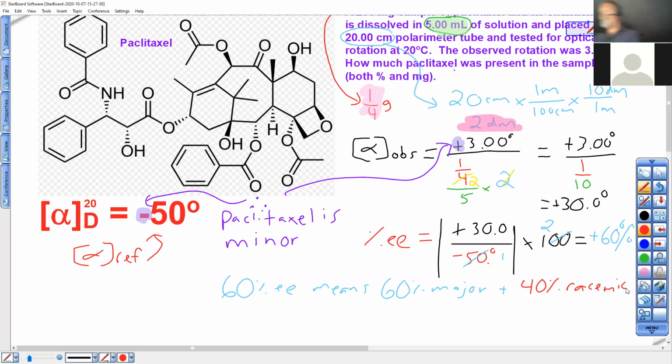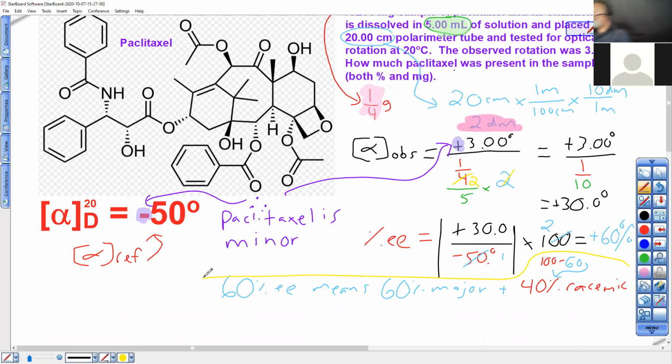Yeah, where'd I get the 40? What's 100 minus 60? 100 minus 60 is 40. Let's get a little line between these things so we don't think they're related. We're moving on to a new part.